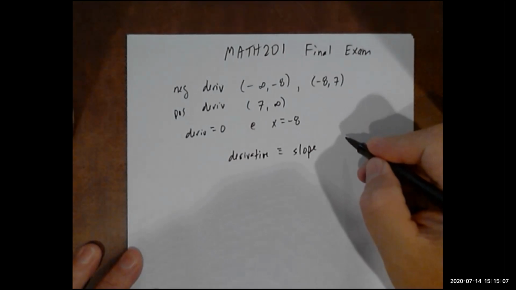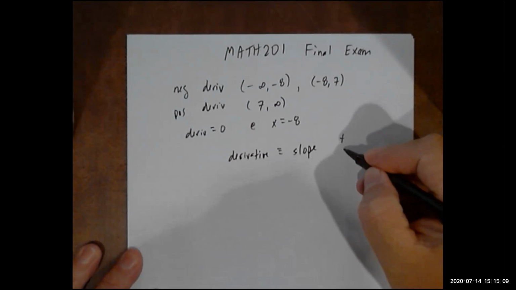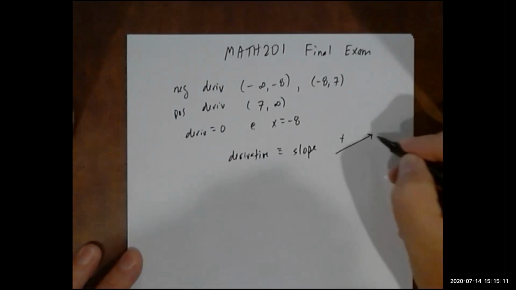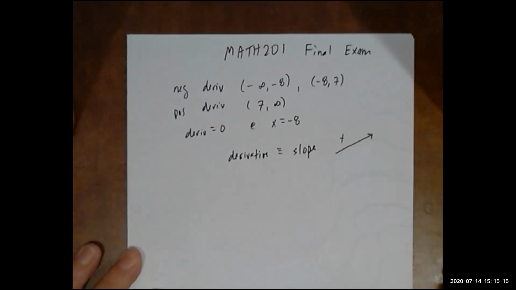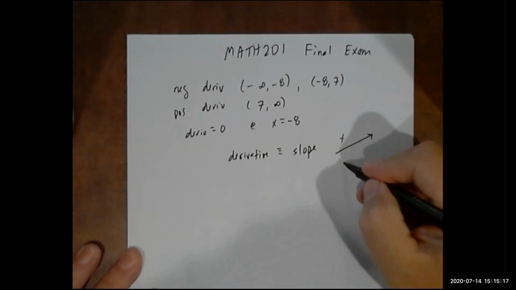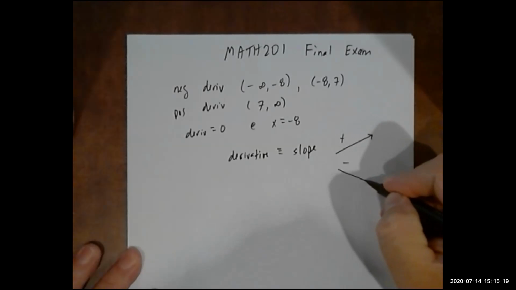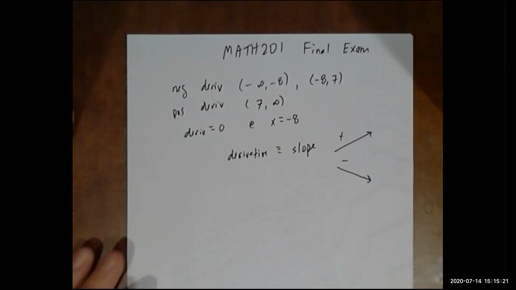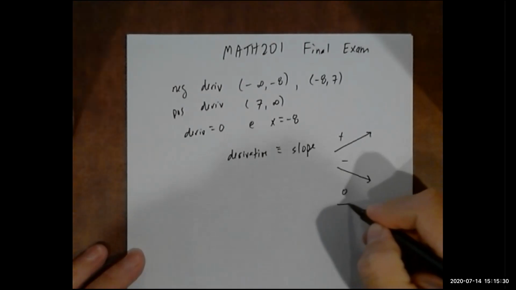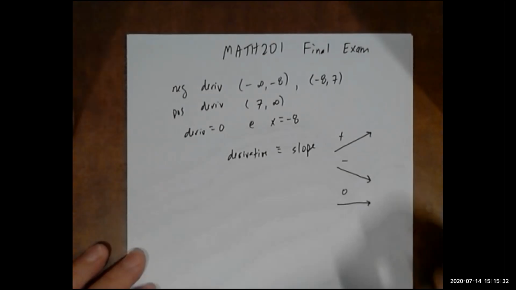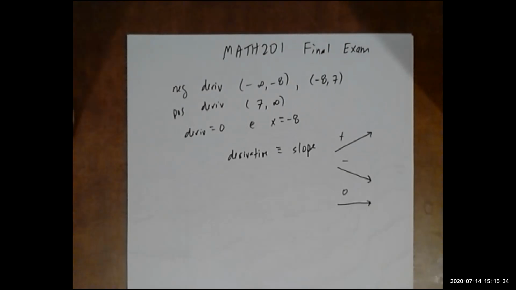So once again, a positive slope is when you go from left to right, if it goes up, that's a positive slope. A negative slope is when your graph or your line goes down as you move from left to right. And then a slope of 0 is when your line is perfectly horizontal.